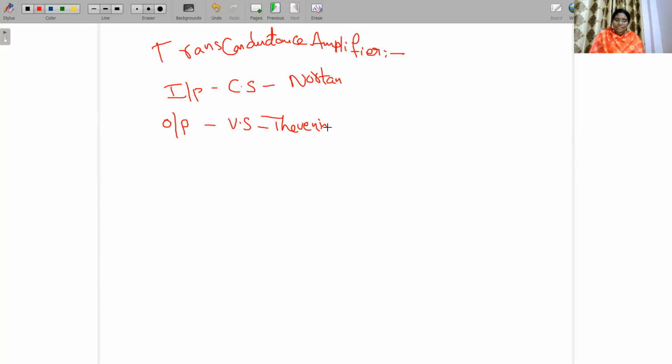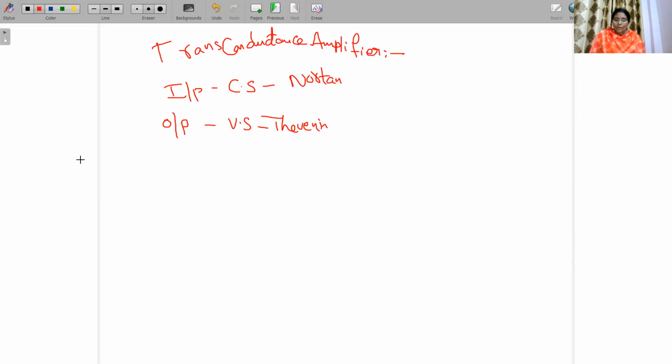Here we have to represent the transconductance amplifier. So now I have to draw the circuit diagram for the transconductance amplifier. Then we have to see the conditions. Right now, I have to draw the circuit diagram here. And now tell me, what is the input? Current source.